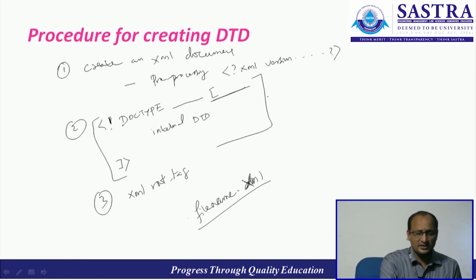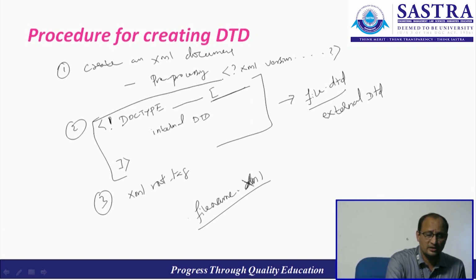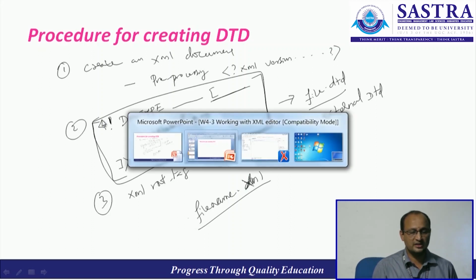When we treat this DTD as external, then we need to save this with DTD extension. This is for external DTD. And please remember, only this portion can be written separately as an external file, that I am going to demonstrate using the Oxygen editor.